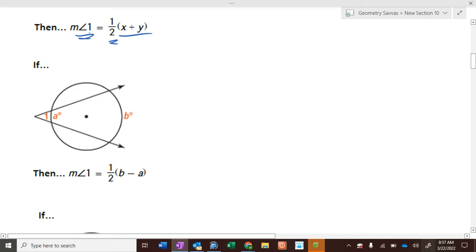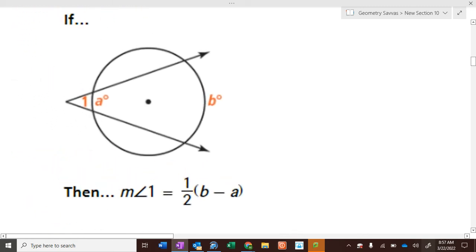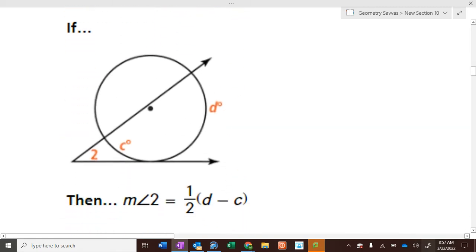Now, the other ones that we have with secants is this angle right out here. If the angle's on the outside, we take 1/2 of the big arc minus the little arc. That angle out there equals 1/2 the big arc minus the little arc. If you have a secant and a tangent, here's a secant, here's a tangent.